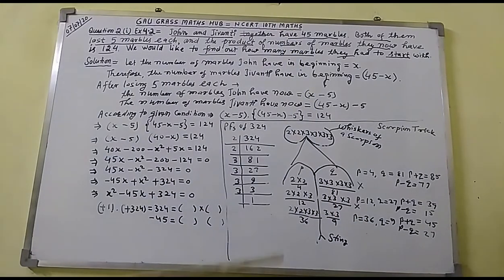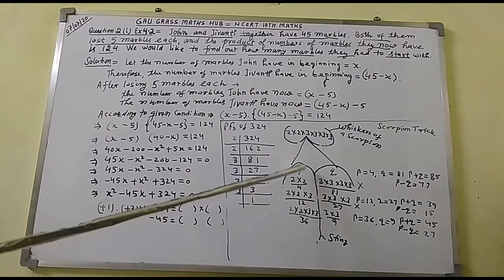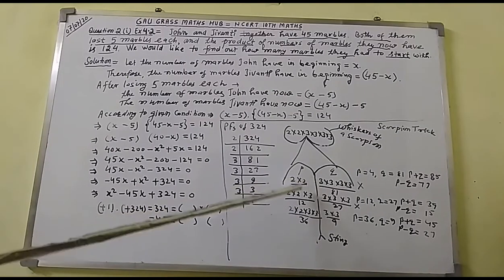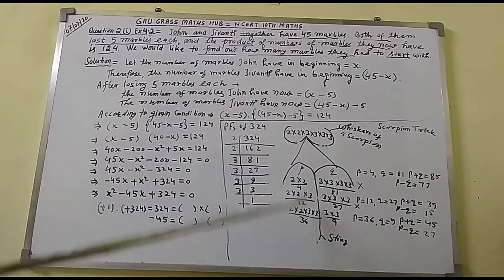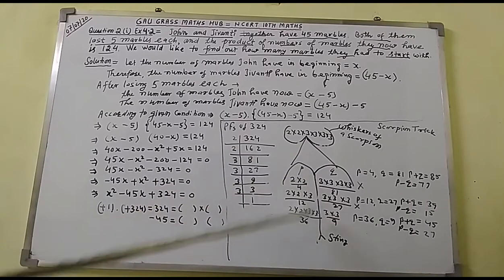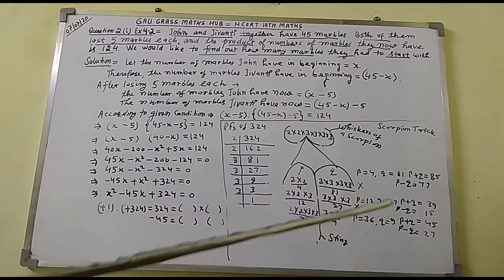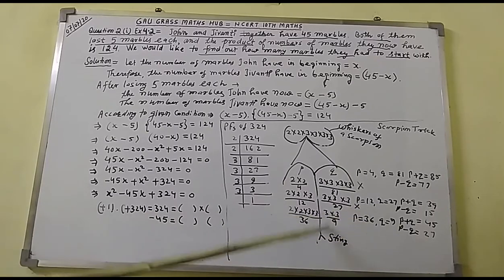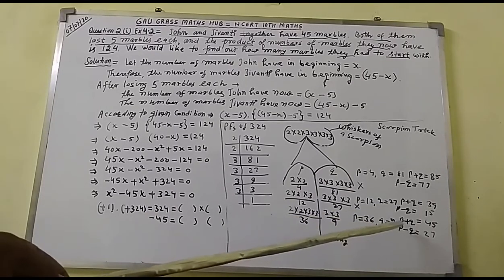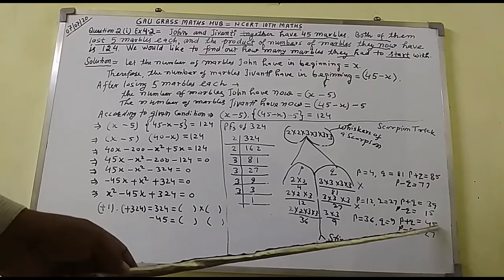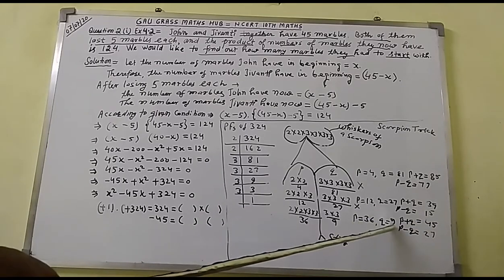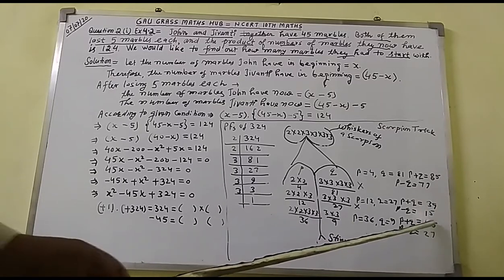So here you can see, if I distributed all PFs into two parts, the first part P is equal to 36 and Q is equal to 9. If I add P plus Q, 36 plus 9 will be added together, and you will get 45.